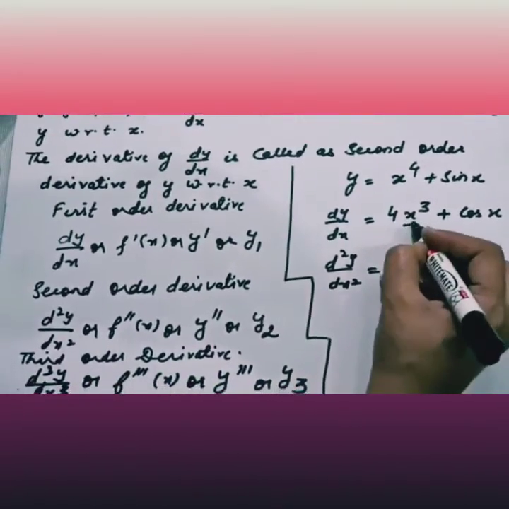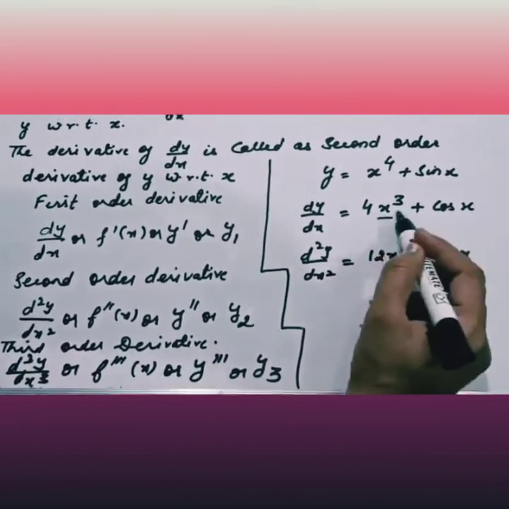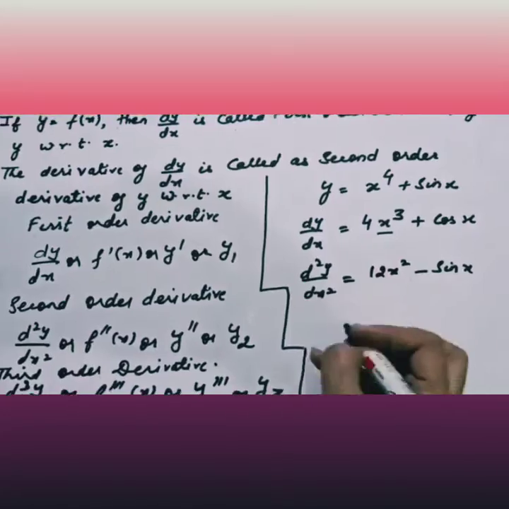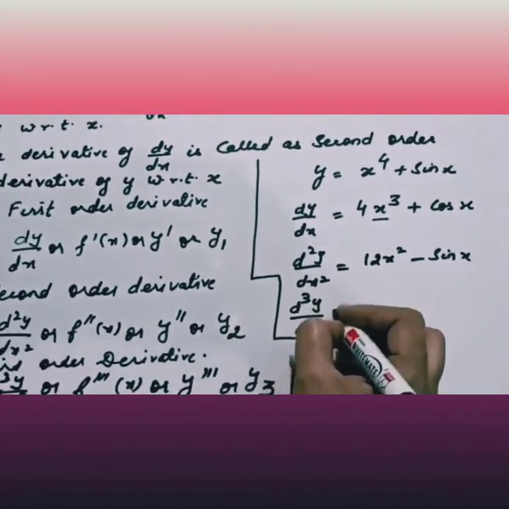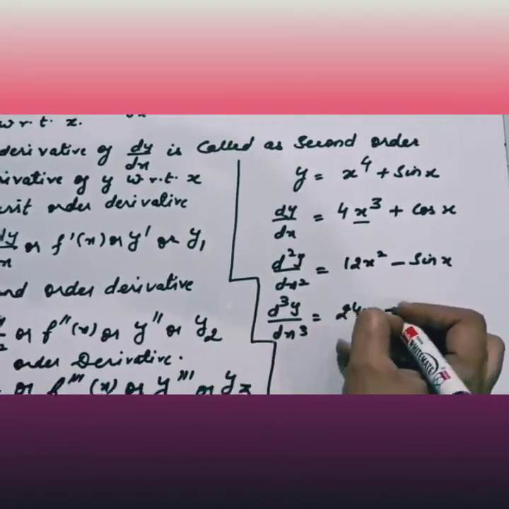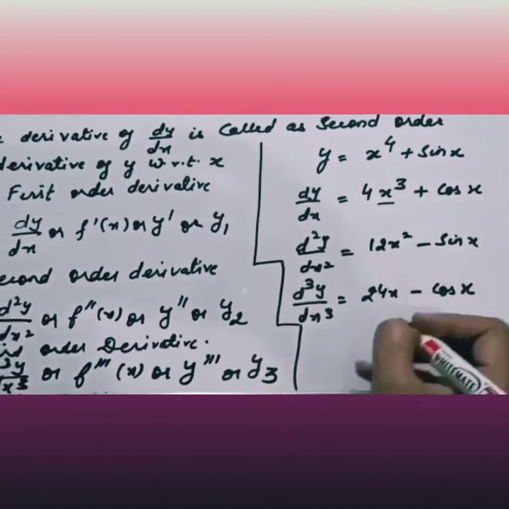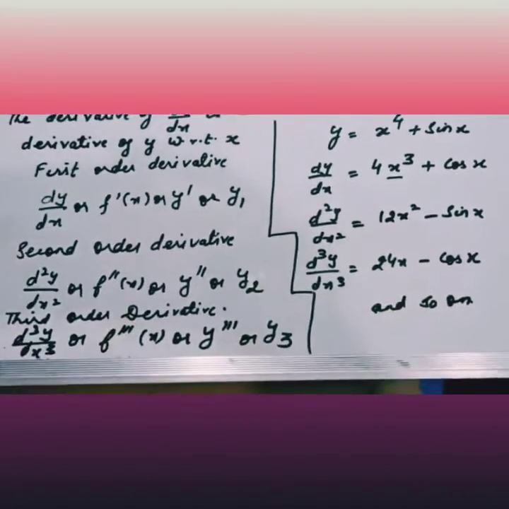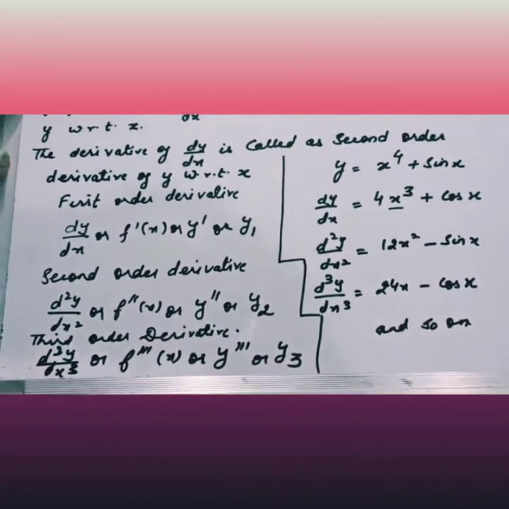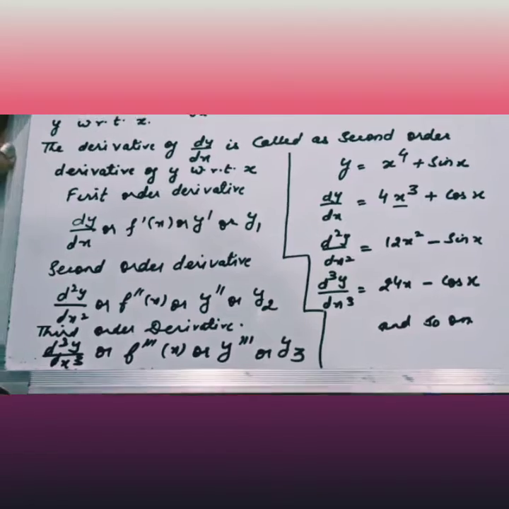So derivative of x cube is 3x square and derivative of cos x is minus sin x. And if we again differentiate this, we get 24x minus cos x and so on. In this way we can calculate the higher order derivative according to the problems.